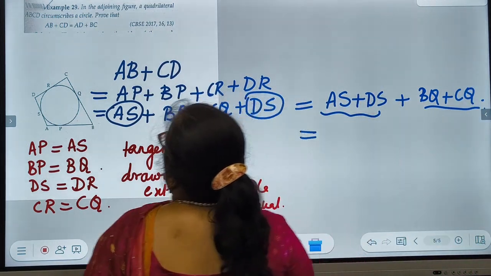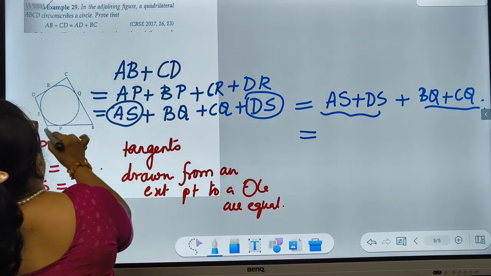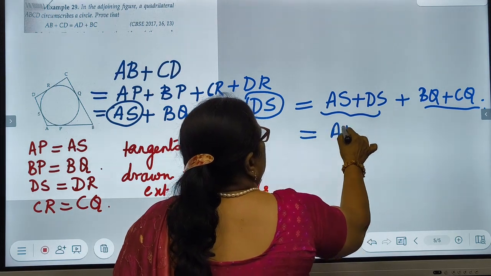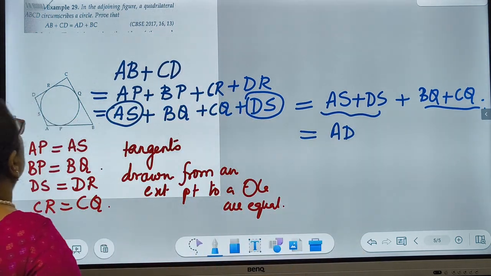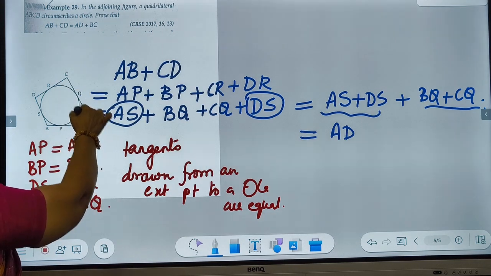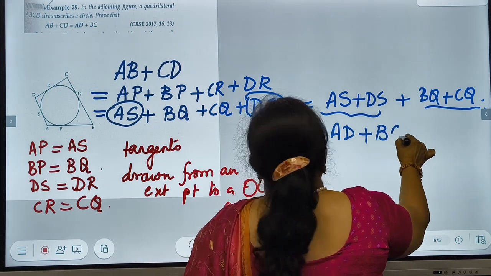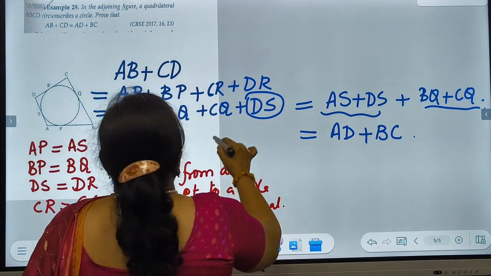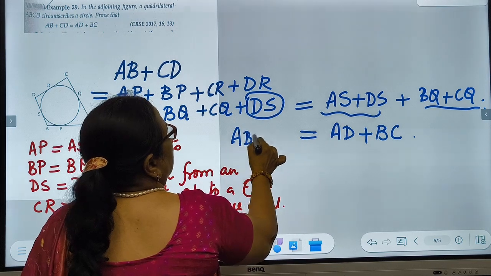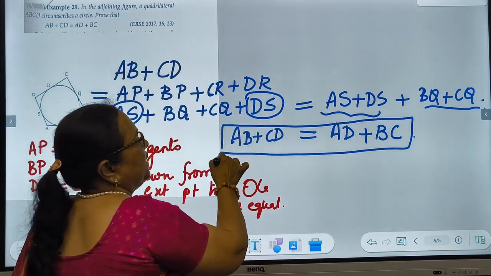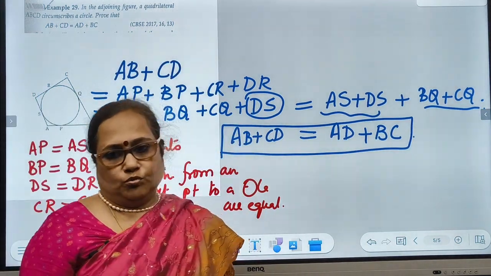Now AS plus DS is AD. What is BQ plus CQ? BQ plus CQ is BC. So we have AB plus CD is equal to AD plus BC, which is what we need to prove.